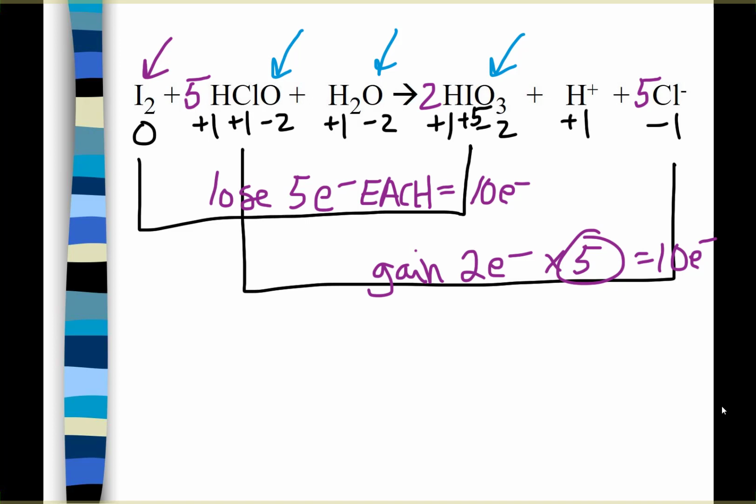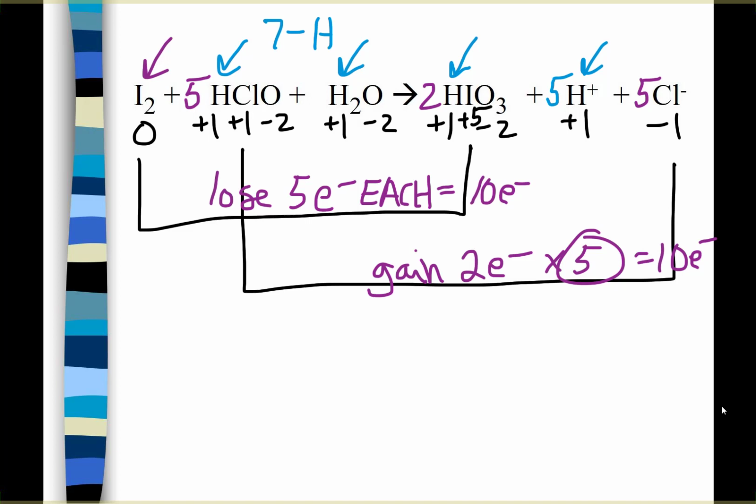Let's look at our hydrogens next. Over here I have 2 hydrogens, and I'm just going to leave that one alone for right now. And then over here I have 2 hydrogens plus 5, so I have 7 hydrogens here. And over here I already have 2 hydrogens, so I'm going to just put a 5 right there. So I should have 5 hydrogens on each side. So oxygens and hydrogens are balanced, and there's nothing else there.